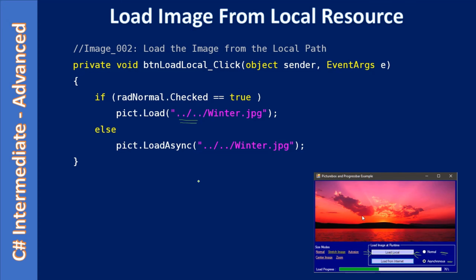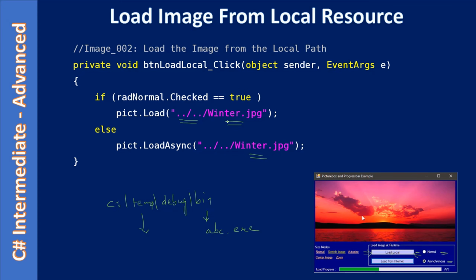Suppose our example is running from C drive temp, then debug, bin, let's say abc.exe. So we are saying go 2 levels above, from bin to debug and debug to temp. Then inside the temp you find the winter.jpg.